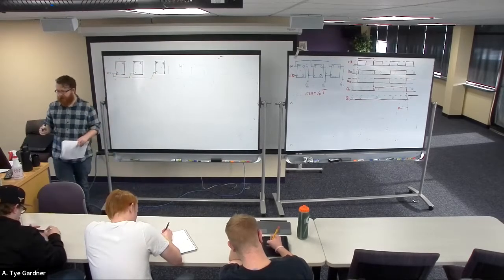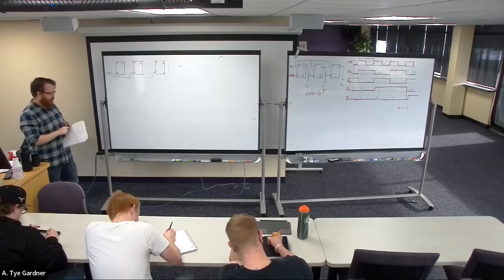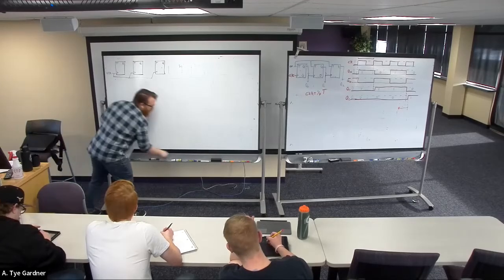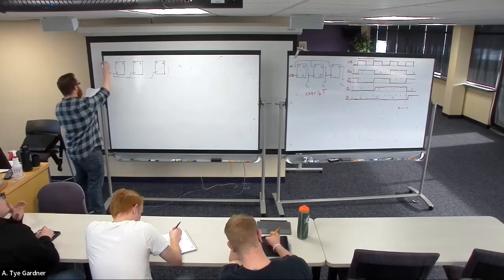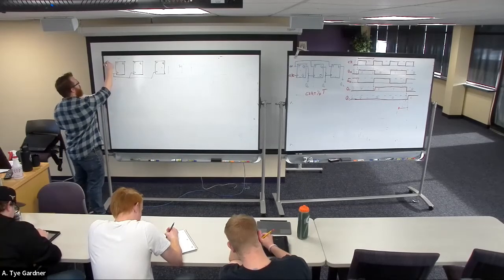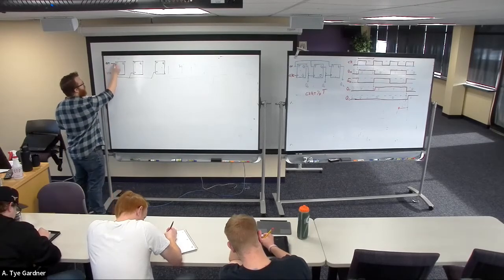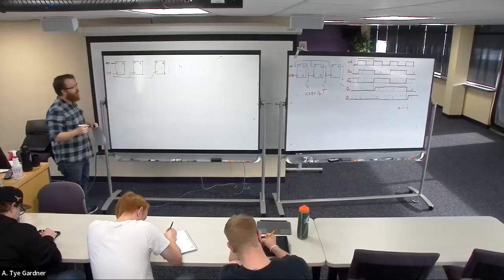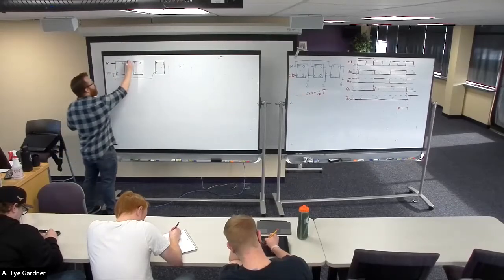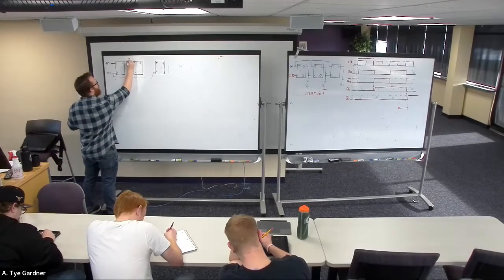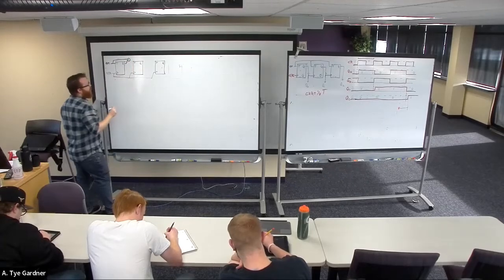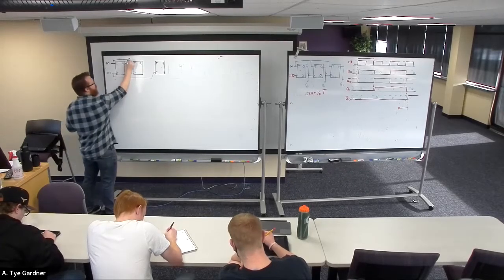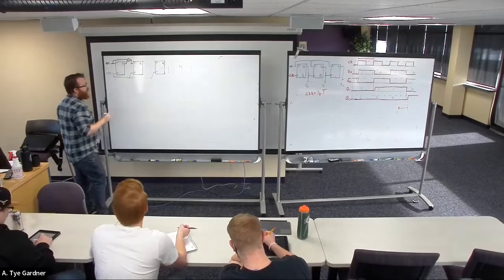They have to share a clock. Otherwise, it's not synchronous. Then we're still going to treat it like we have an enable here that funnels into the first one. And then the second one, we're just going to add an AND gate that says, if we're enabled and Q is 1, then we can toggle.